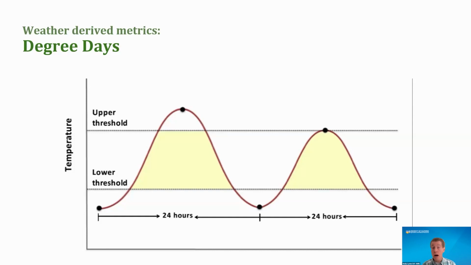A common one is a sine model, which is what we see here. As you can see in the graph, there is an upper threshold and a lower threshold, and again, that's going to be for a specific organism. This is how we can take maximum and minimum daily temperature and compute this measure of effective temperature accumulation for each day.